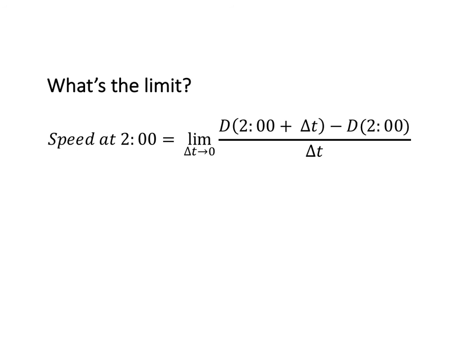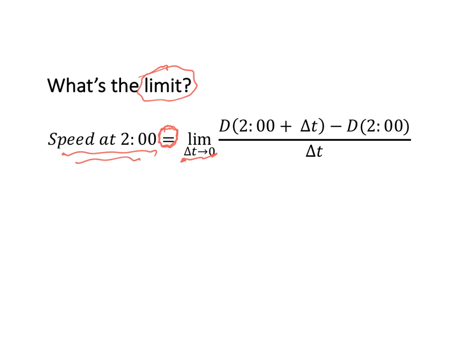If you'll remember, in the first unit we talked about limits. So let's look at what we're trying to find and use what we know about limits. We're going to say that the speed at 2 o'clock equals, and notice this is no longer an approximation, the limit as delta t approaches 0 of the distance at 2 plus delta t minus the distance at 2 o'clock.